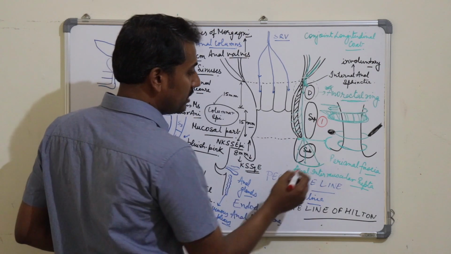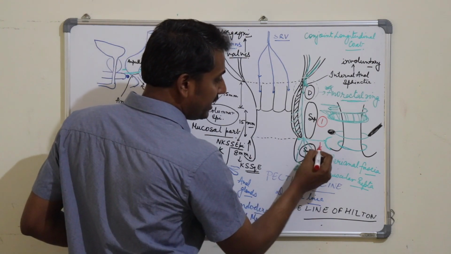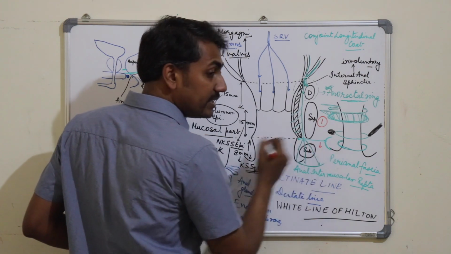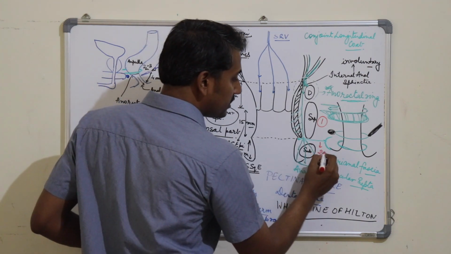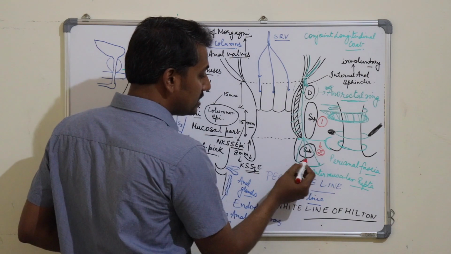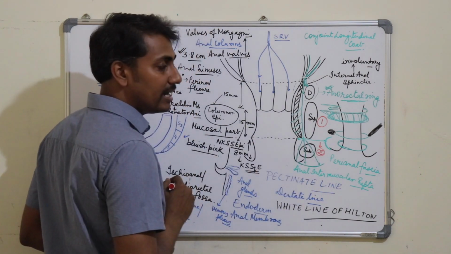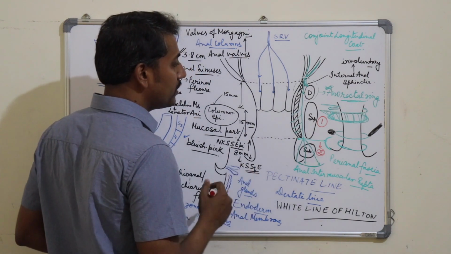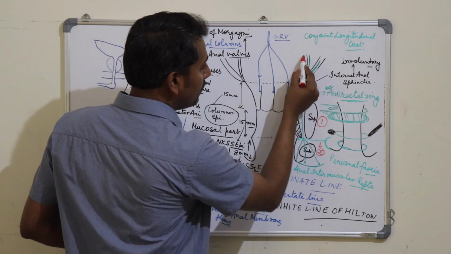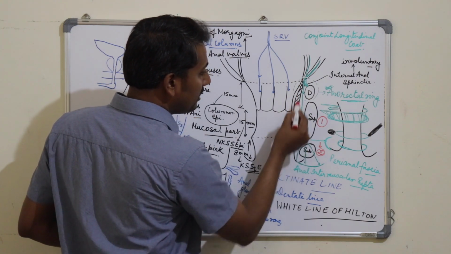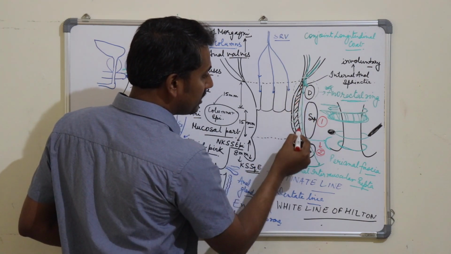The second space lies below this perianal fascia, which is known as the perianal space. So this is the second space, and this space is located on both sides of the lower part of the anal canal. The third space is present between the lining mucosa of the anal canal and the internal anal sphincter.